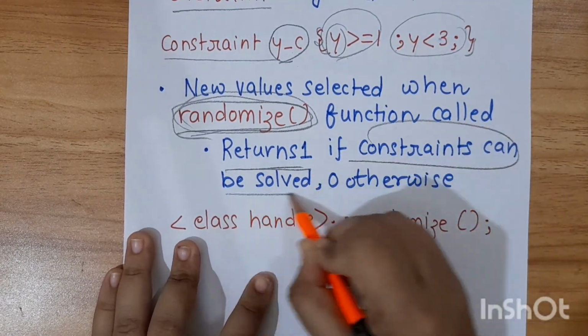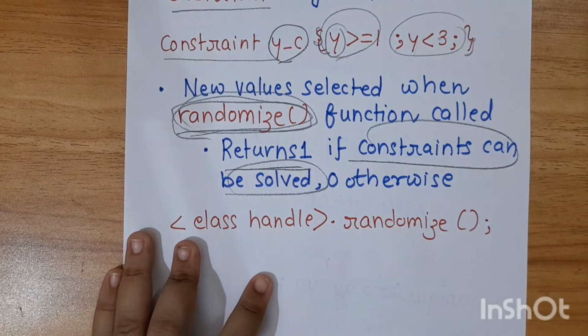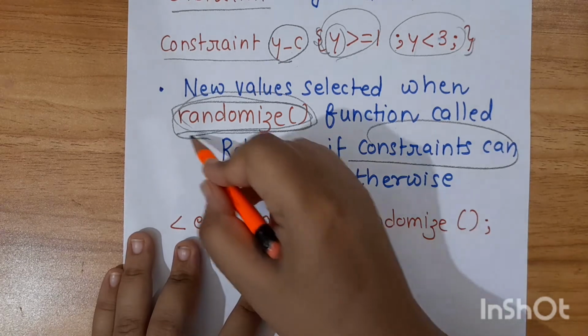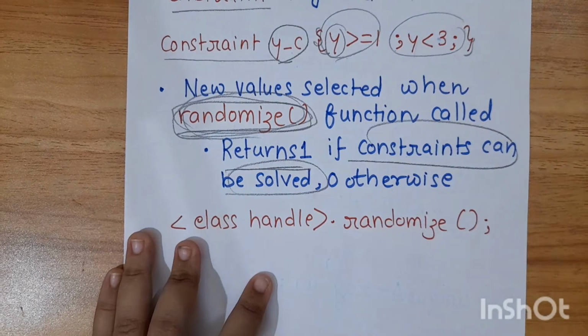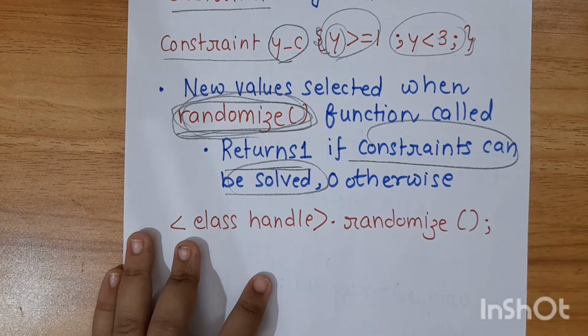When the constraints are solved, the class where the variables or attributes have been put and the rand keyword has been put against them, and also constraints are included in the class for those attributes, when we instantiate that particular class, make an object of the class in some other class, and we call the randomize function, then the attributes actually get randomized and constraints are solved.